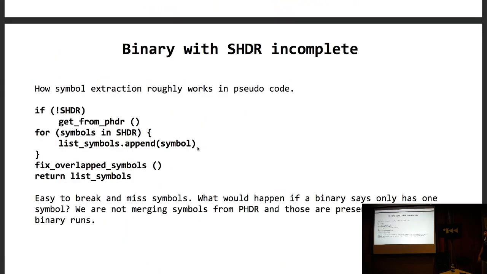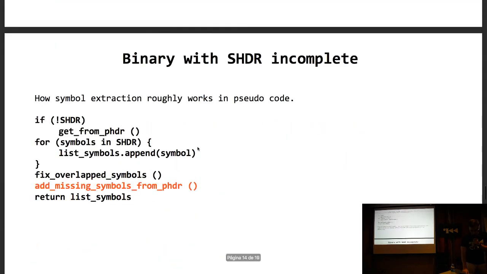But what will happen if the binary says I have one symbol, so you bypass the first checks, okay? But you are missing the symbols in the program header. So basically we have to add this, okay?